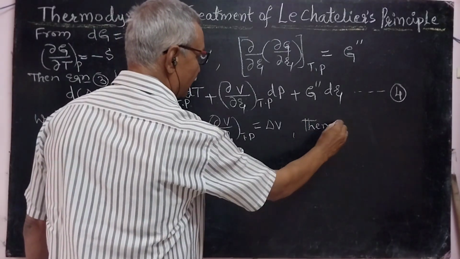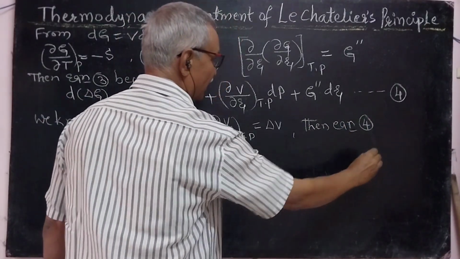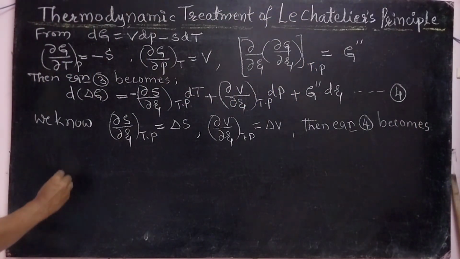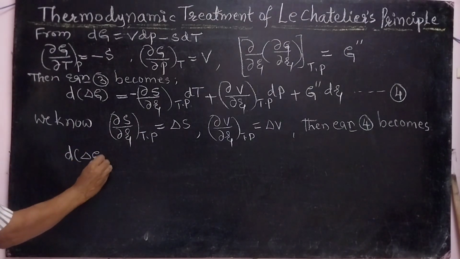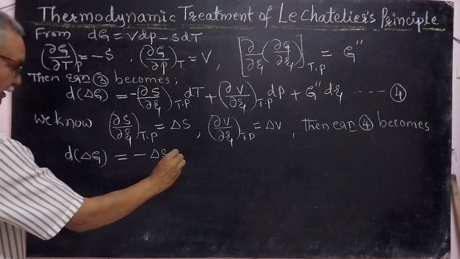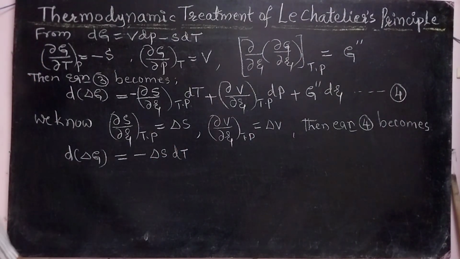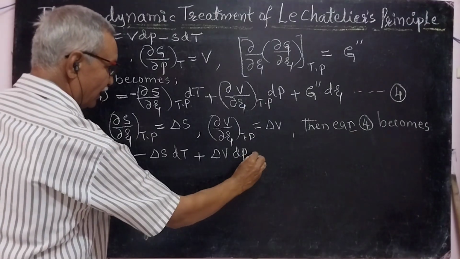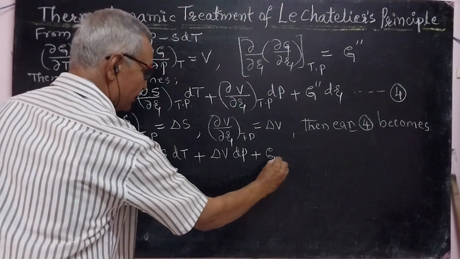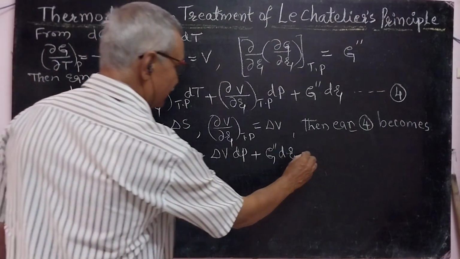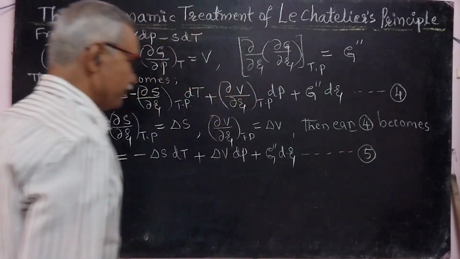Then equation 4 becomes dΔG equals −ΔS dT plus ΔV dP plus G double dash dξ. This is equation 5.